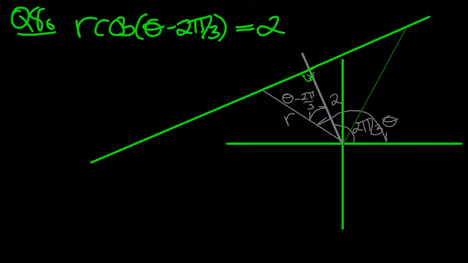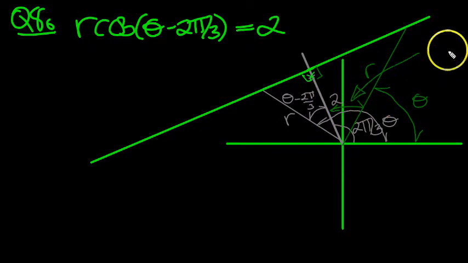Now what we'll do is we'll mark off that now. So let this be our new theta value. Say this is our new r, and this is a right angle in here, so this angle in here now is what we're thinking about, and that angle there, which I'll put an arrow on, is the value 2 pi over 3 minus theta.